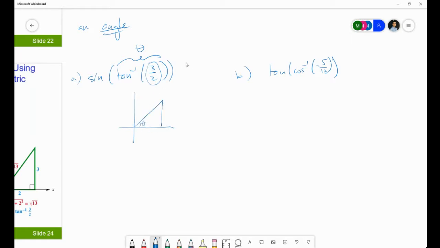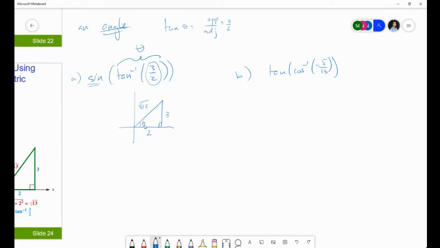So tangent is opposite over adjacent. Opposite here is 3, adjacent here is 2, right? So that means my hypotenuse is going to be the square root of 9 plus 4, which is square root of 13. Now that I have my right triangle set up in the correct quadrant, I can apply sine of that theta.